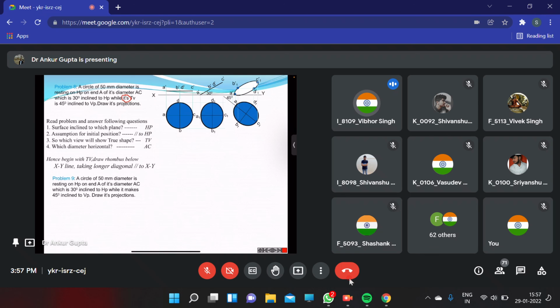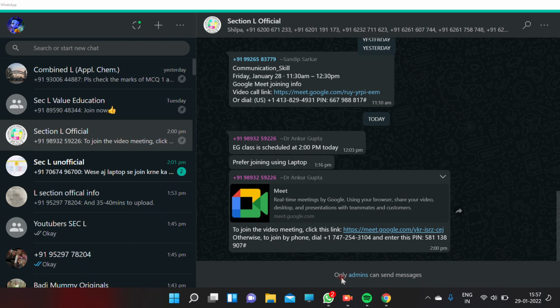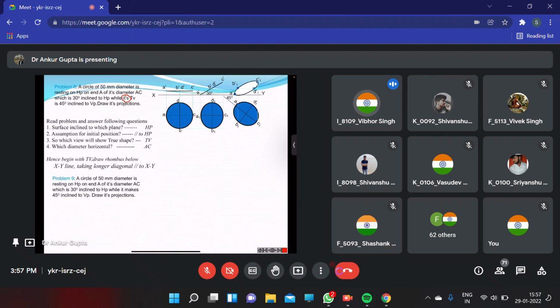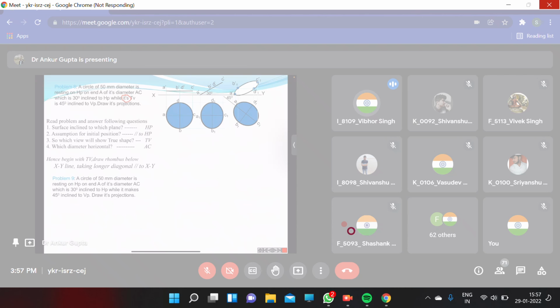So can you explain this again, if you don't mind? 30 degree to HP, यहाँ तो clear है. While its top view is 45 degree inclined to VP. While its top view means while diameter top view. ठीक है?